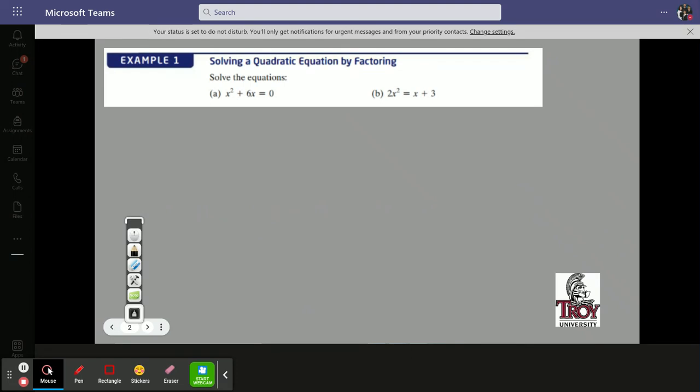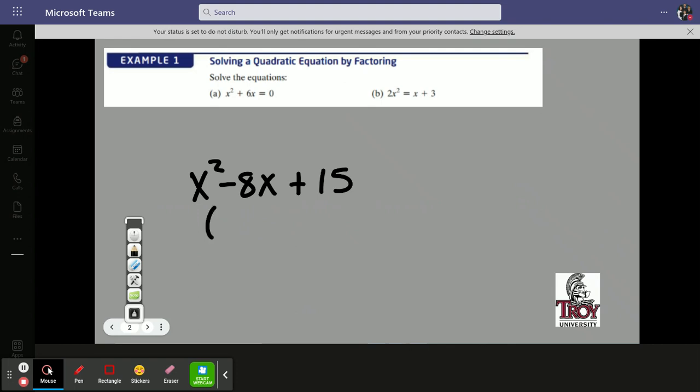All right, let's try another one. What if I have x squared minus 8x plus 15? What could I multiply that would give me a 15, but if I add, I'd get a negative 8? 3 and 5, right? Not just 3 and 5, but negative 3 and negative 5.